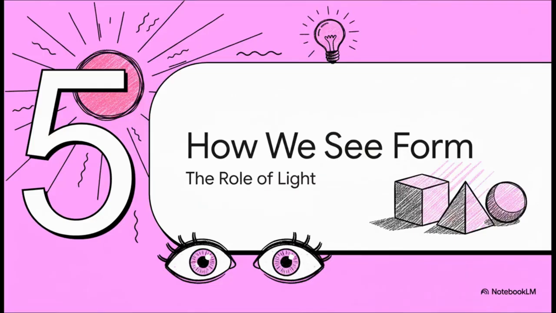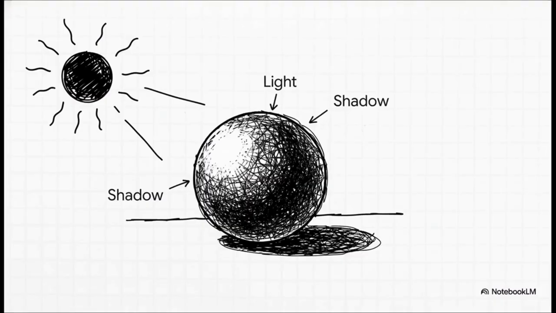So, we know what form is and where we can find it, but here's a question. How do our eyes even perceive it in the first place? Well, the secret ingredient, my friends, is light. Our brain figures out an object's 3D nature through this constant dance between light, shadow, and highlights.